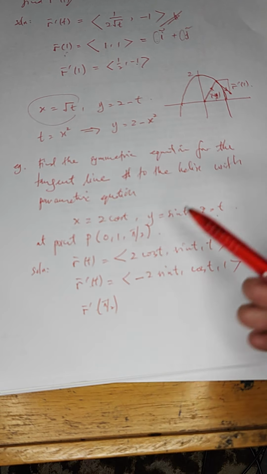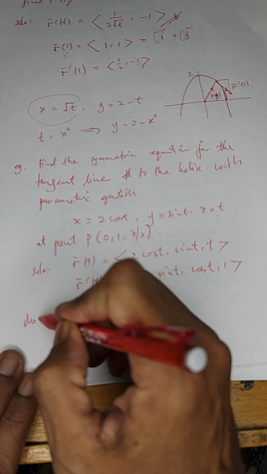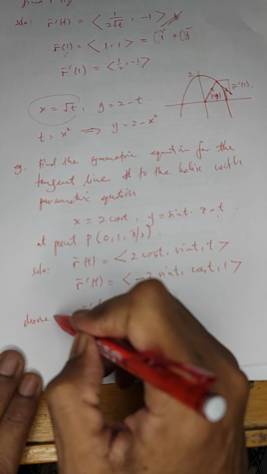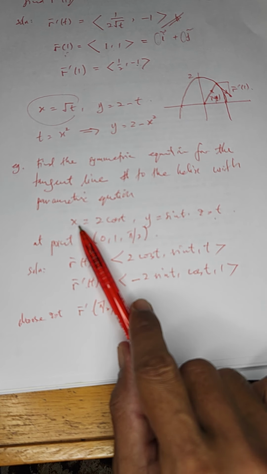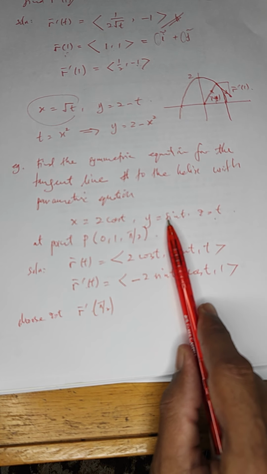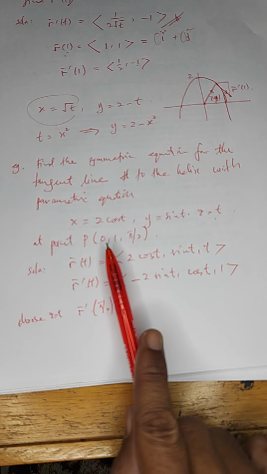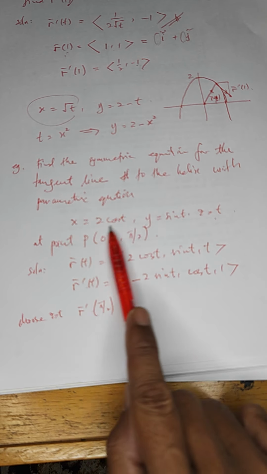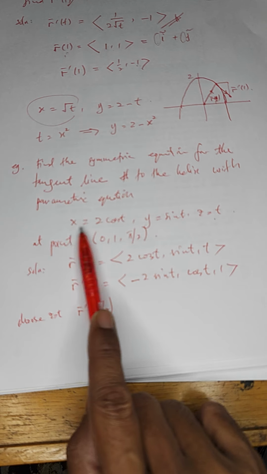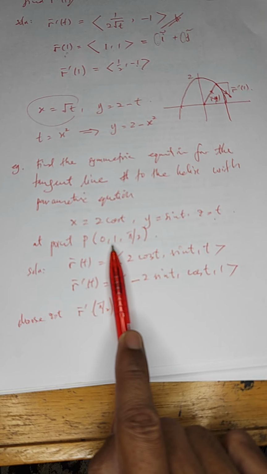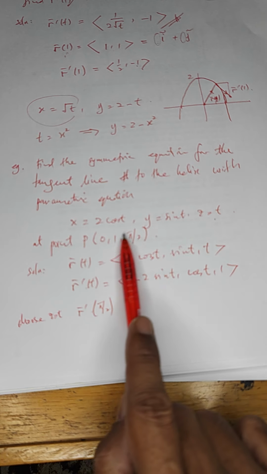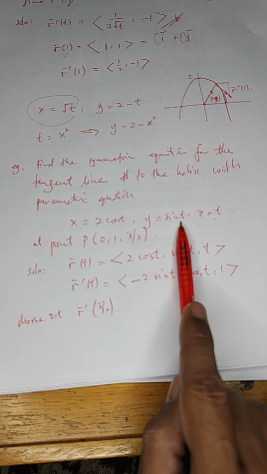Why do I choose z equal to t? Because if you choose x, you need to substitute x equal to 0 and then find t. For y, you need to substitute y equal to 1 in order to find t.